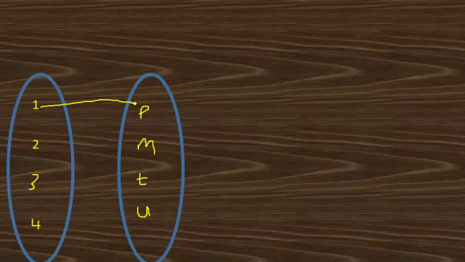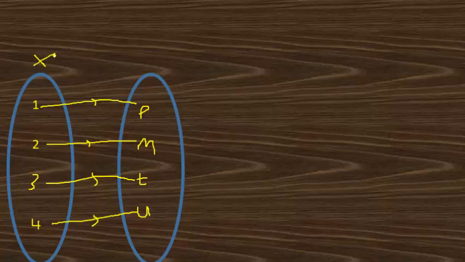So this one is mapped to this. Alright, and then let's name this one X, Y. So this one is F. Okay, so let's move on.